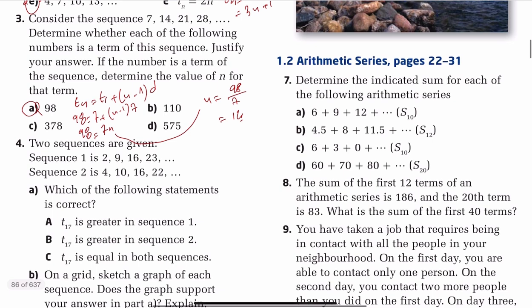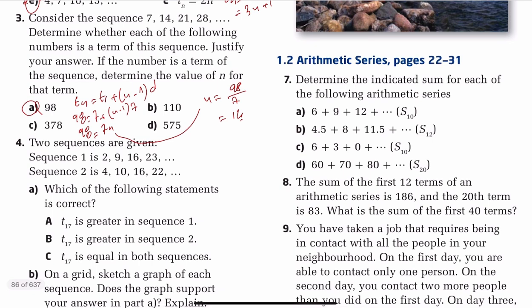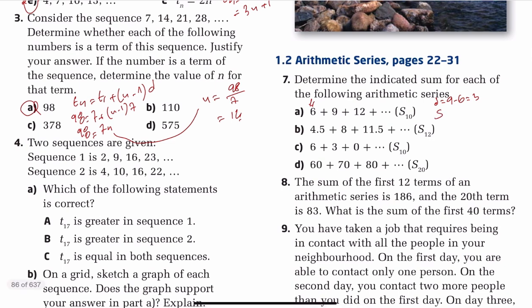Number 7, for example. So T1 is 6 and d is what? 9 minus 6. So d is equal to 9 minus 6, which is 3. So the sum S, the sum of everything up to the 10th number.